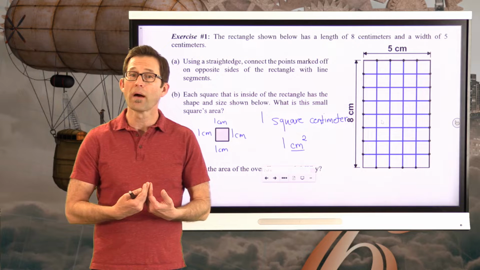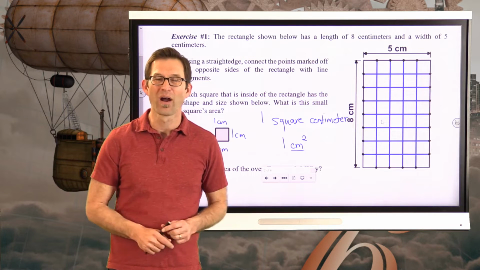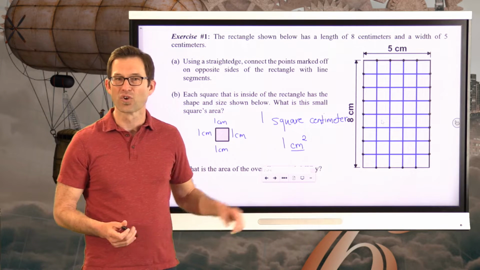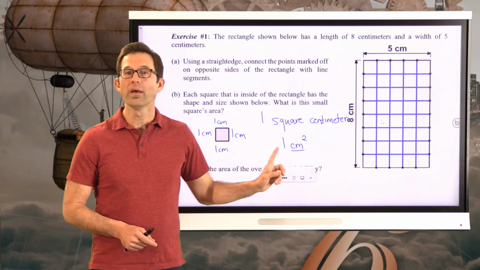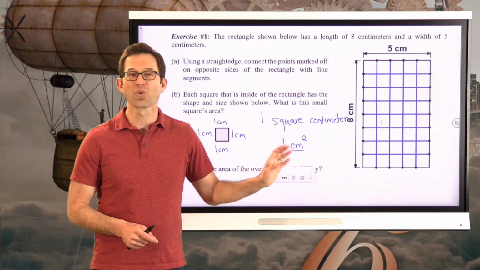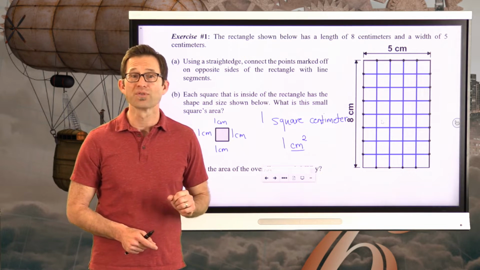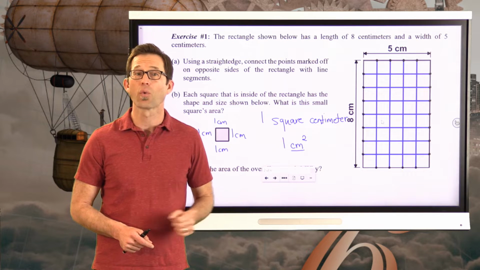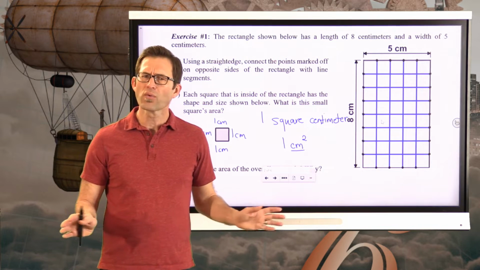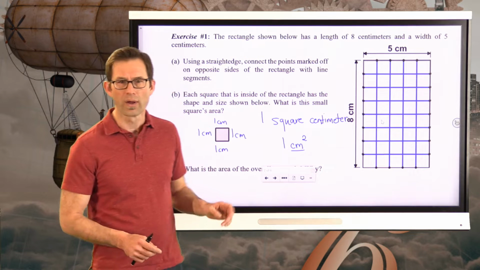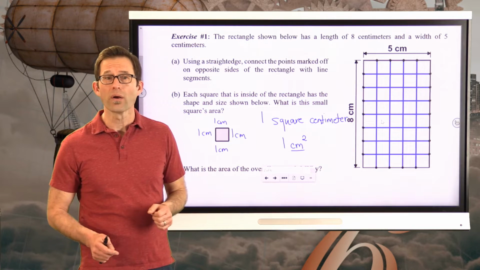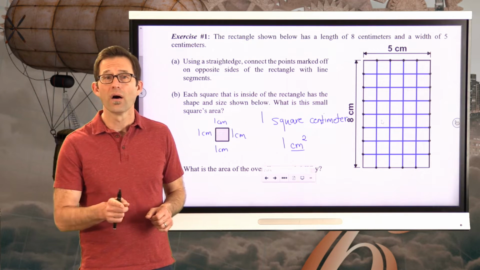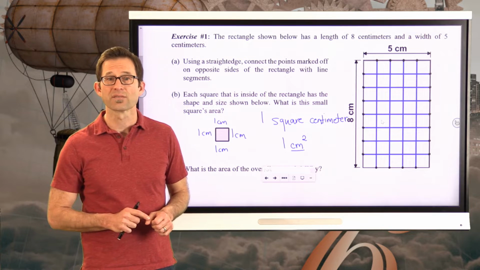So we think about this as squaring. Sometimes people will say 1 centimeter squared. Really though, the correct way to think of it is 1 square centimeter. There's 1 square that has a centimeter on each of its side lengths.